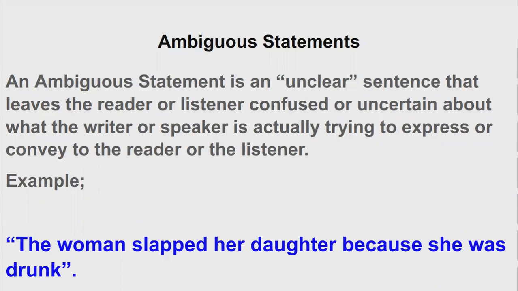So now, as a group, I want you to get your notepad and write down the unambiguous way that you would express that sentence. You can change it around if you want to. You can add in words, you can leave out words, but I want you to write it so that it is clear, and when the reader sees it, he or she has no doubt who was drunk.